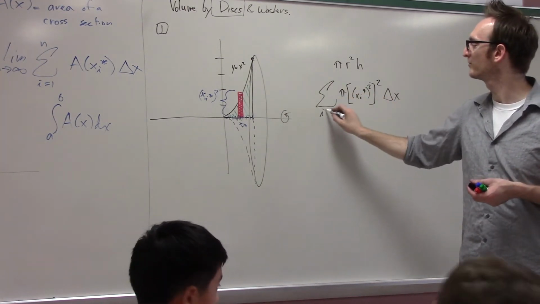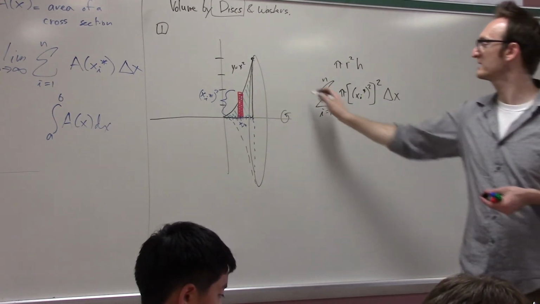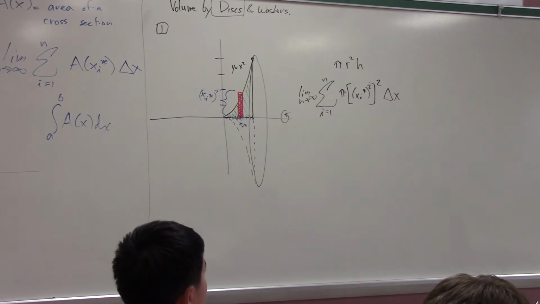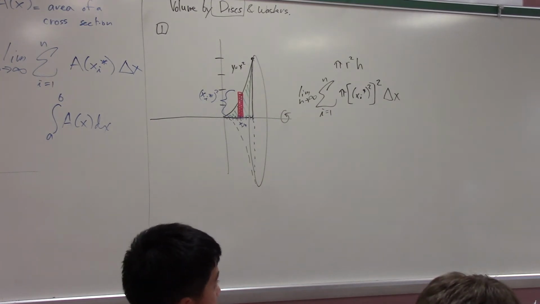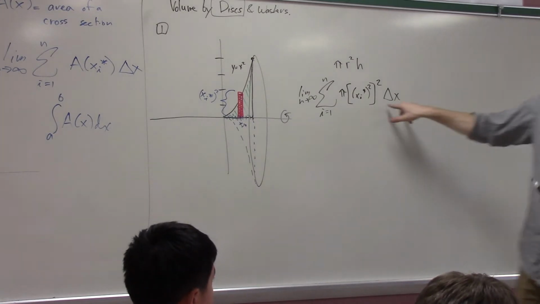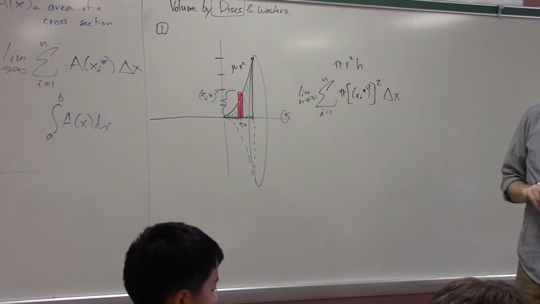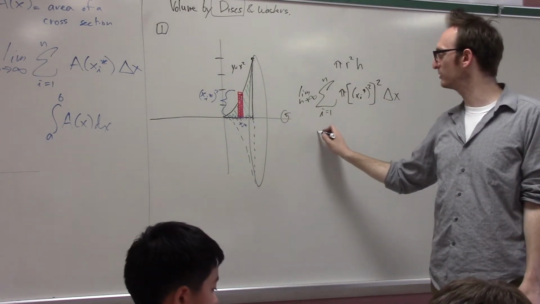And what am I doing with all of these little tiny guys? Adding them all up from i equals 1 to n, and then taking the limit as n goes to infinity. So the limit as n goes to infinity of the sum from i equals 1 to n of a whole bunch of very, very thin discs, each of which has height delta x and radius equal to the y value of the function. So this becomes an integral. What integral?